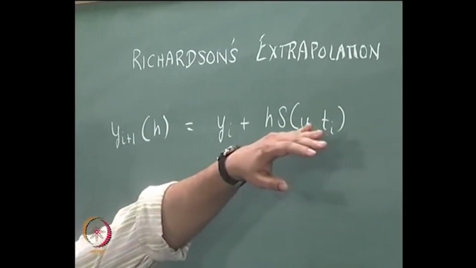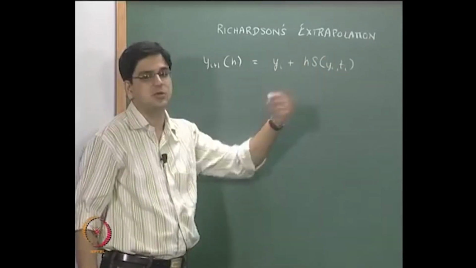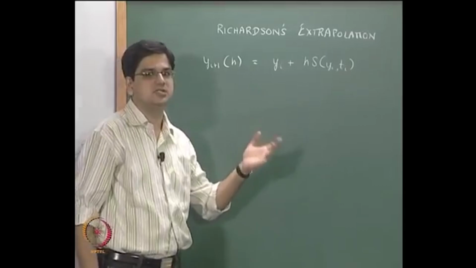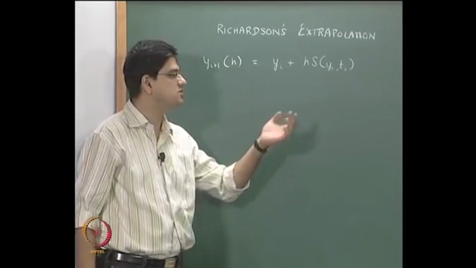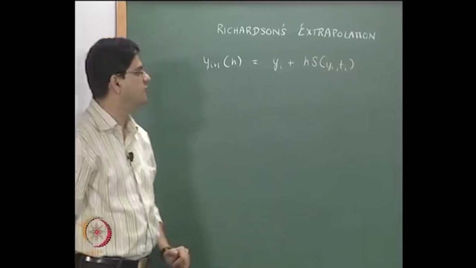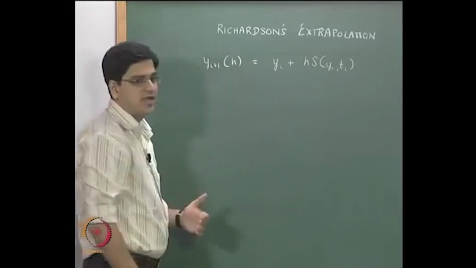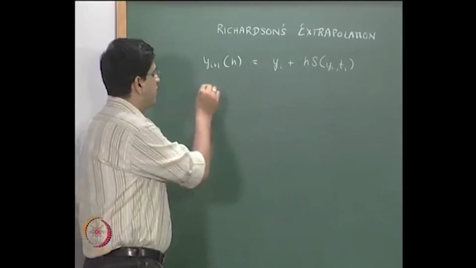In the Runge-Kutta fourth order method we will have s as a weighted sum of slopes computed at 4 different points, that means w1 k1 plus w2 k2 plus w3 k3 plus w4 k4. That is what we get for the RK4 method. We repeat the exact same procedure again for a different step size, for half the step size.